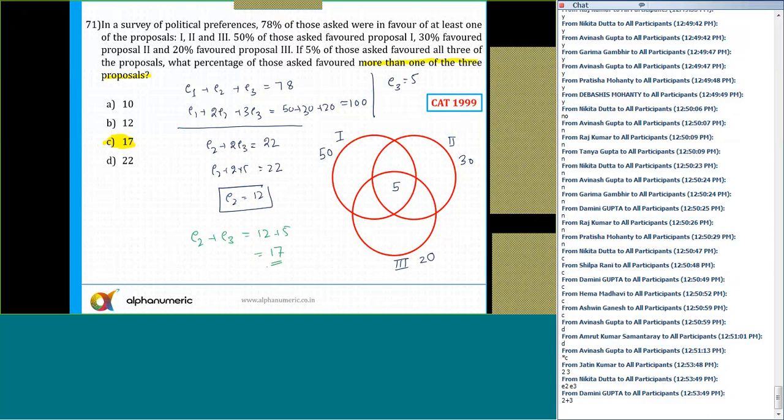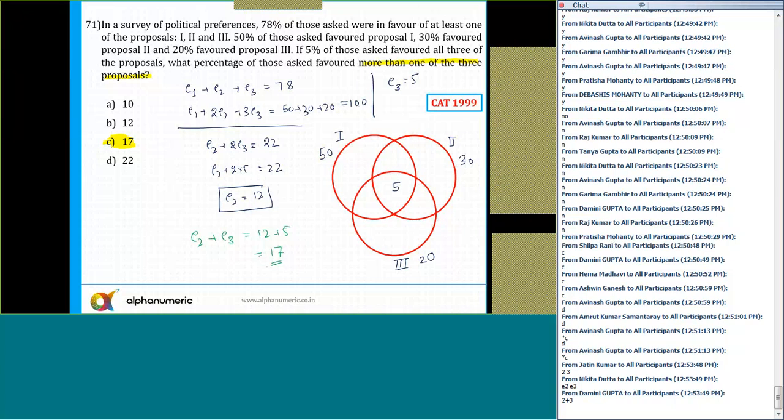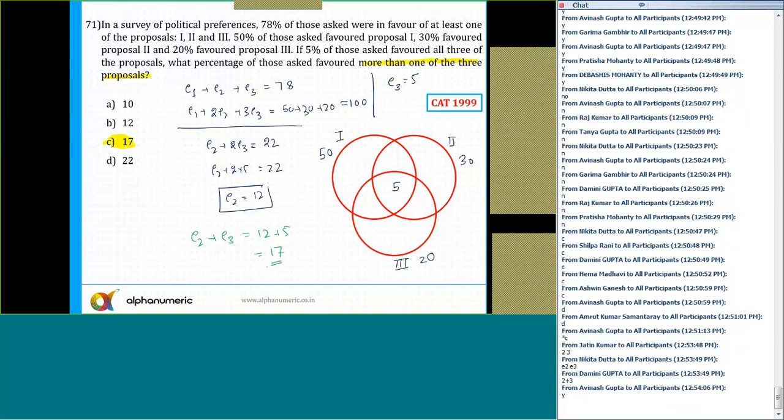Is that clear to all of you now? I don't know how you all have got 22, but the answer is 70. Any doubts to anyone? Please respond now.